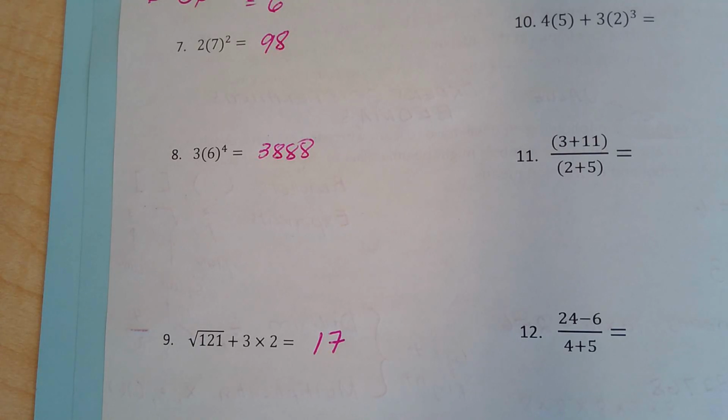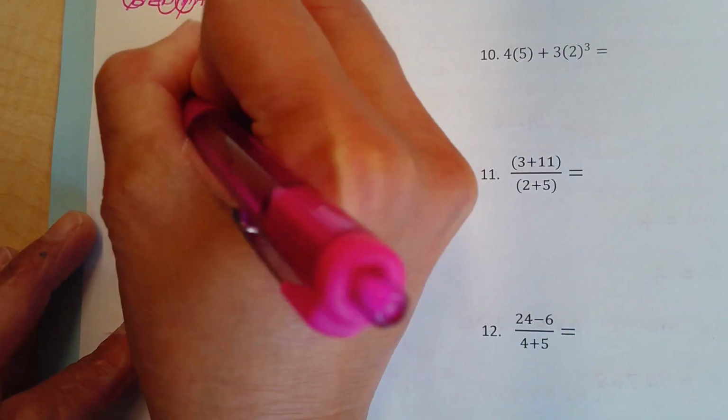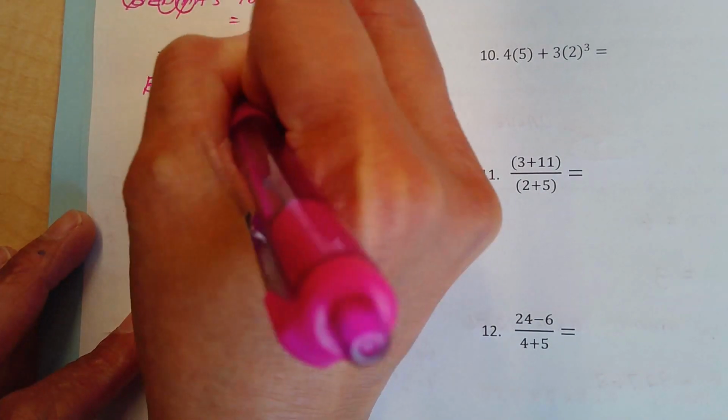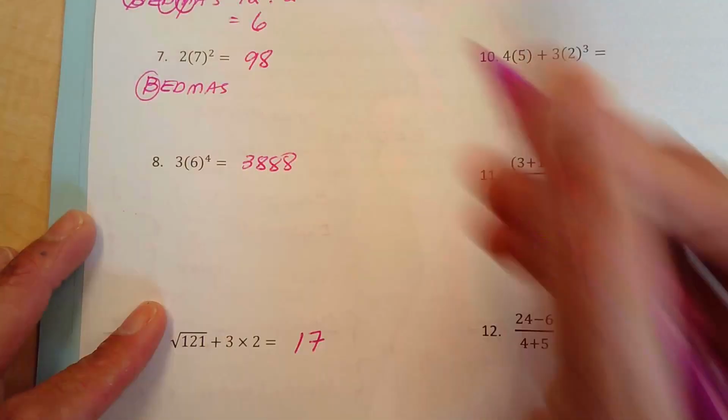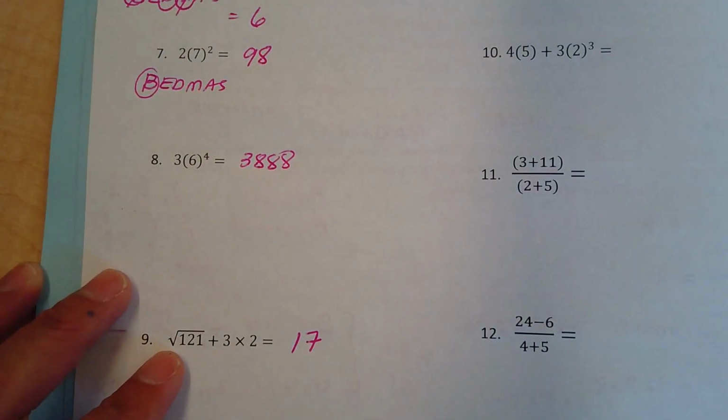Take a look at number 7. What operations are in there? Brackets. You see brackets, okay? What else?